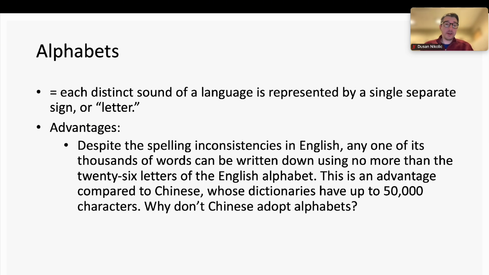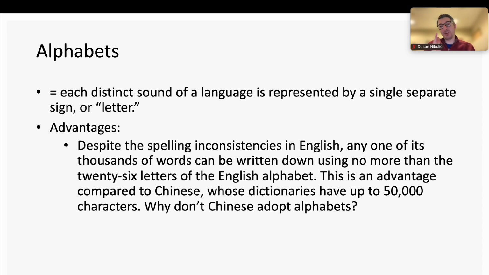The advantages of having alphabets: any one of its 1,000 words can be written down using no more than the 26 letters, for example, in English, right? Compared to Chinese, whose dictionaries have up to 50,000 characters, it's quite an advantage. Why don't Chinese adopt alphabets?